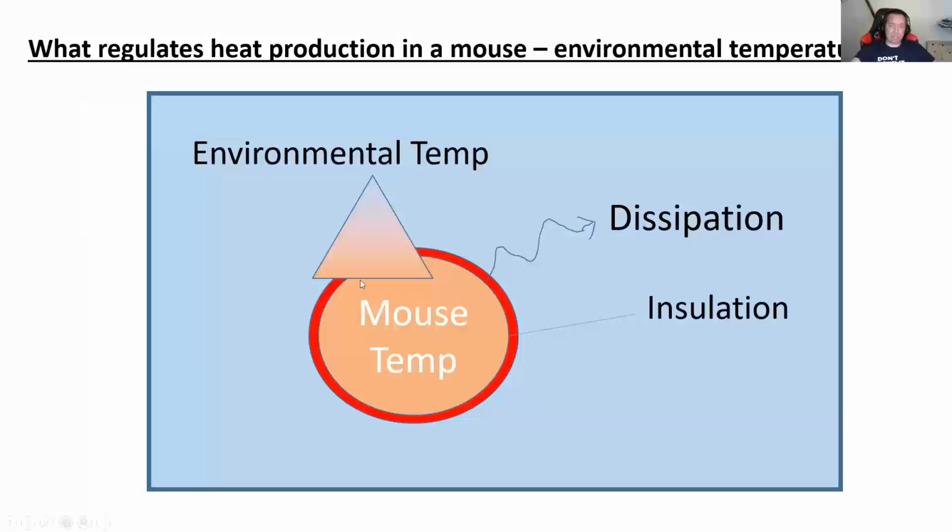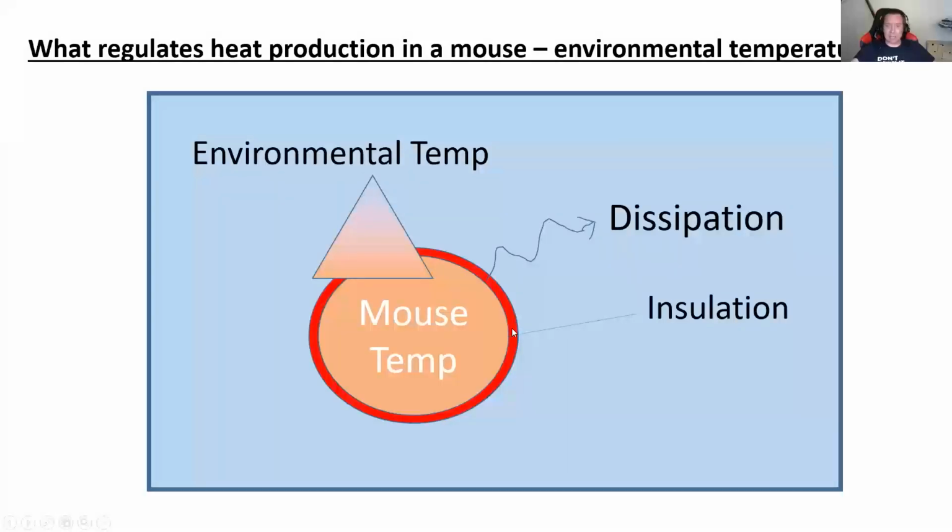And the first is this: it is the gradient in temperature between the mouse's core and the environment. And the colder the environment is, then the greater this gradient, okay? And we're also going to see if you alter the mouse's core body temperature, that can also affect this gradient.